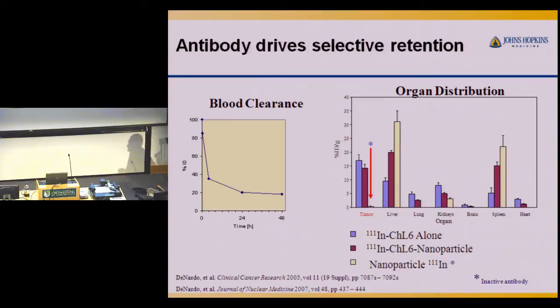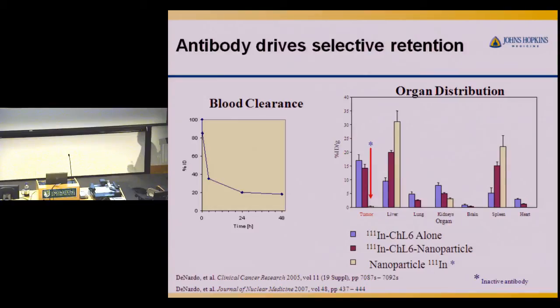And these are female nude mice that were bearing HBT, human breast tumor 3477 xenografts. And we injected 2.5 milligrams of the particles that were labeled with the antibody and indium-111. And you can see that after 24 hours, we still had about 18 to 20% of the injected dose circulating in the blood. At least that's what we could tell.